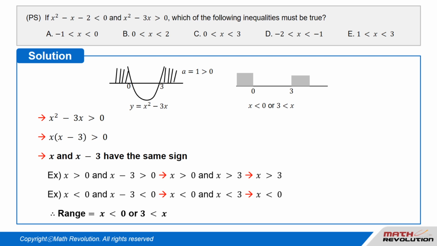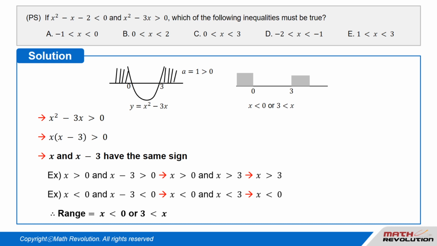X is greater than 0 and x is greater than 3 means x is greater than 3. Also, x is smaller than 0 and x is smaller than 3 means x is smaller than 0.